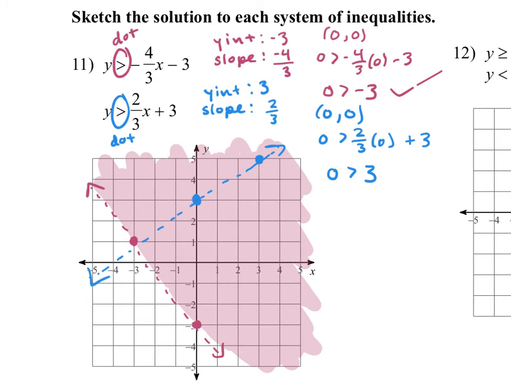Is this true? No. So where are we going to shade? The left side. Over here. Now our final answer is just what's in common between the two. So we just erase everything else. Erase all the other shaded parts.